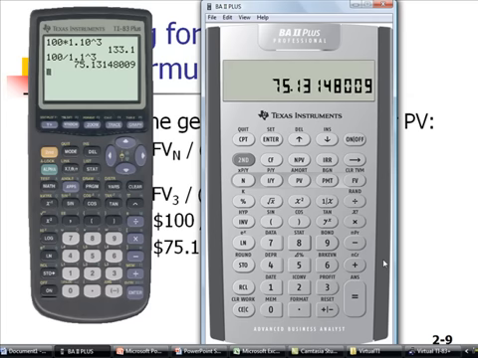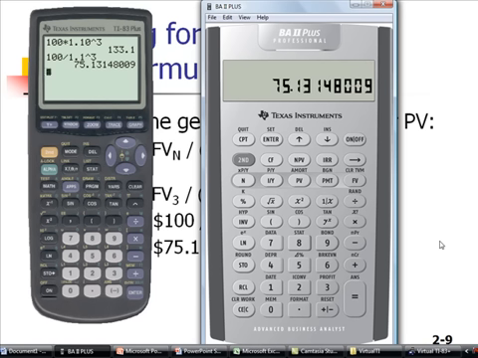And you know this is true. You can check it. If you started with $75.13 and invested that for 3 years at 10% interest, you would end up with $100. You can try that to verify that it works.